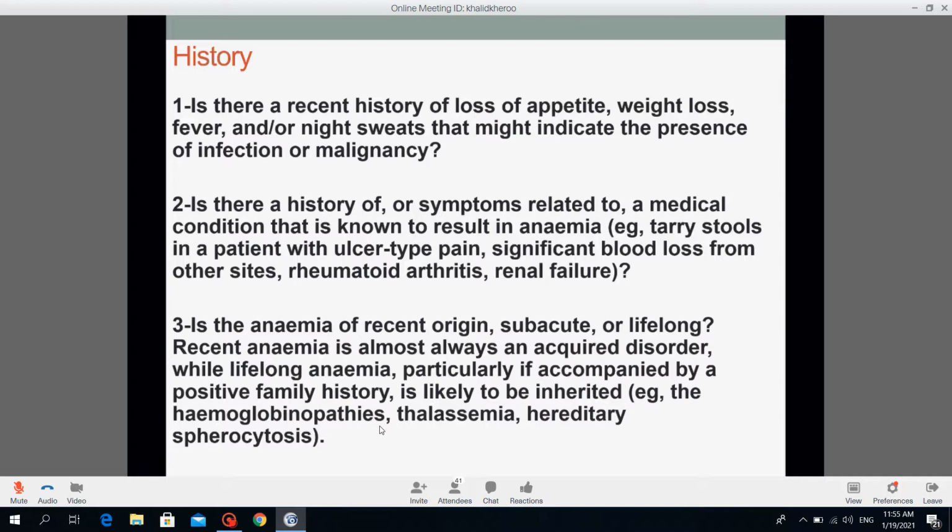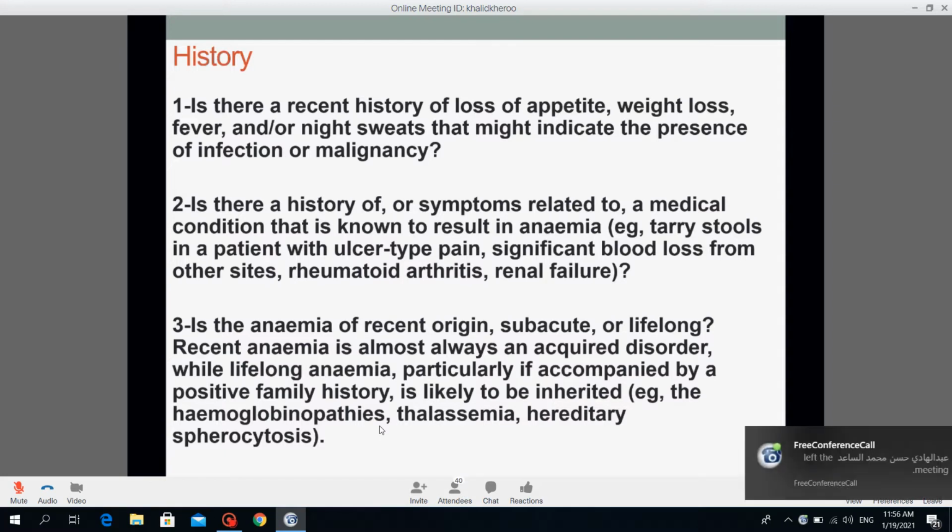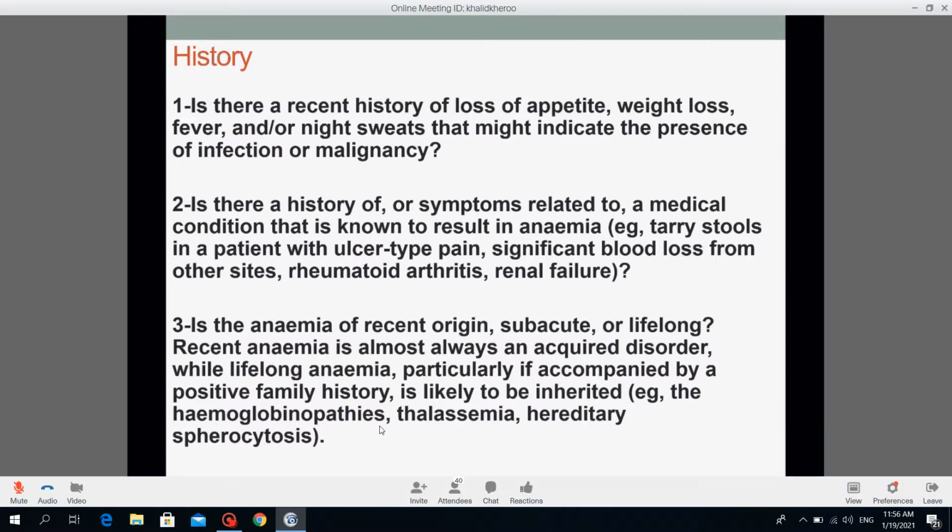This means that the patient may have peptic ulcer, and this peptic ulcer is complicated by bleeding, hemorrhage, leading to loss of blood, and this may be the cause of anemia. Or there may be significant blood loss from other sites, as we mentioned, that patients may have thrombocytopenia, so they may have bleeding from the nose, from the mouth, oral cavity, or in females heavy menses. All these may result in anemia.